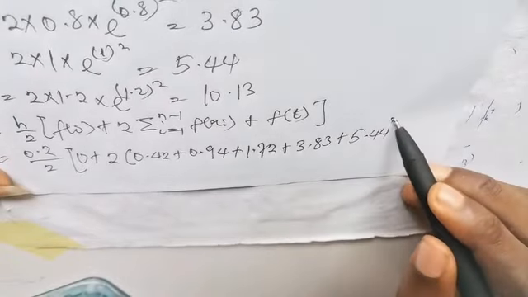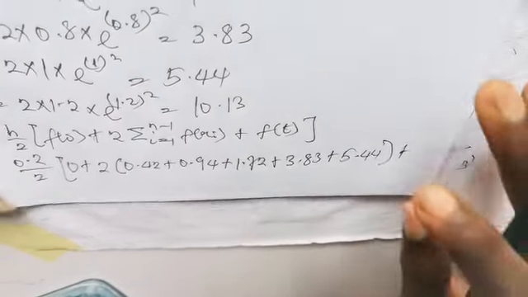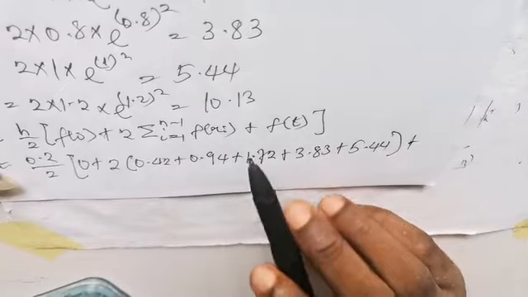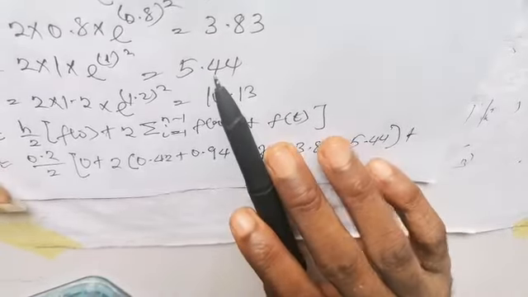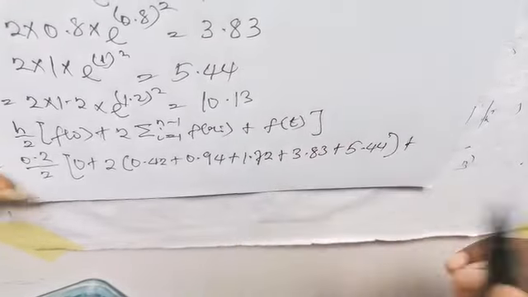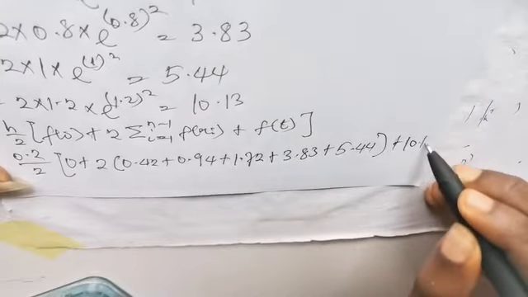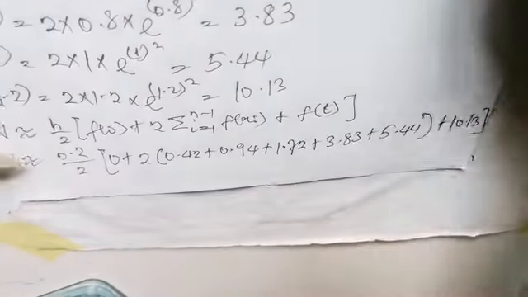That's the end of the intermediate, plus the function of the upper limit, which gives us 10.13.